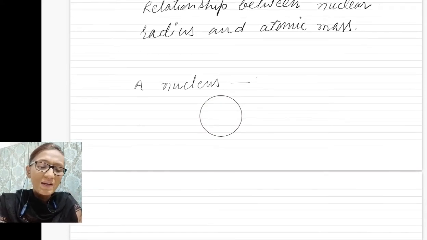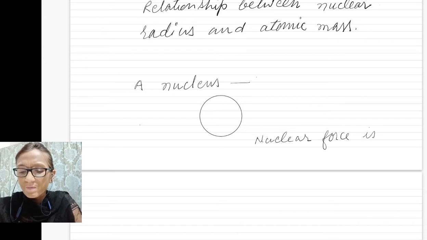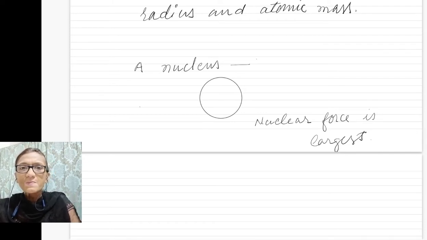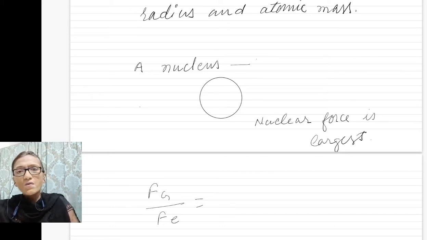So in our nucleus, we know that nuclear force is the largest. When you compare the natural forces, gravitational force and electric force, let us compare the gravitational force with the electric force of two charged particles, two protons.